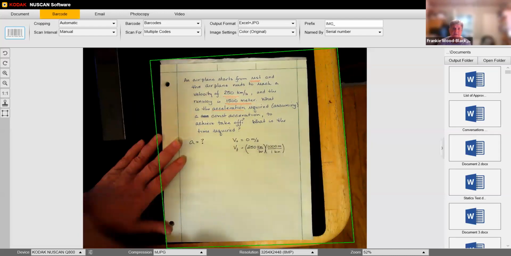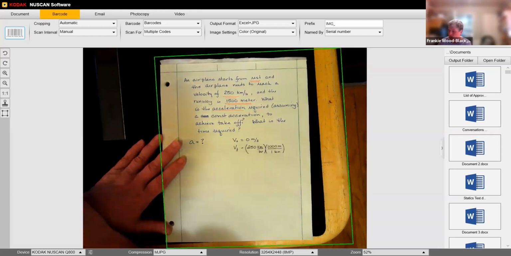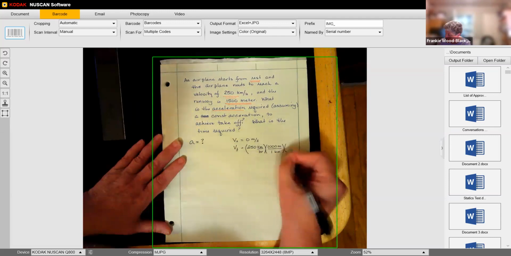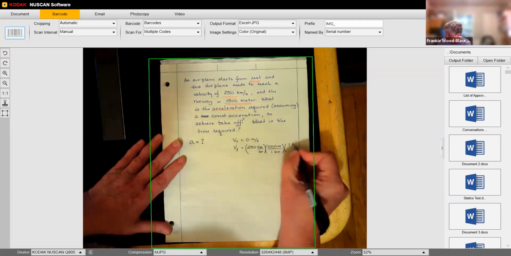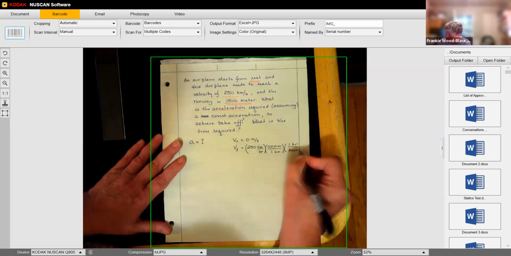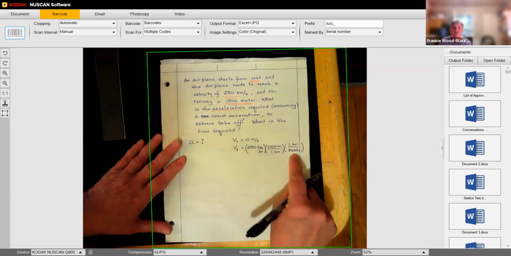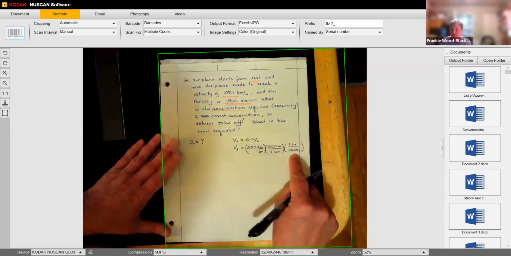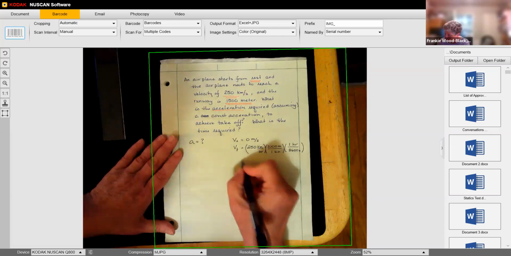And if you happen to remember it, 1 hour is 3,600 seconds. You can get that by doing 60 minutes and 60 seconds to get our 3,600.